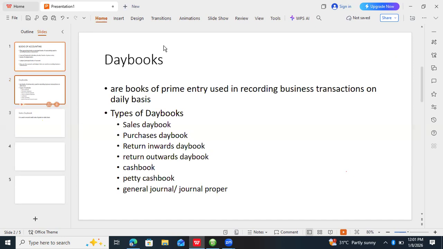Oh, this one I wanted somebody to. Fidel is ready, but Fidel, I'm sorry. Prof. Gwendolyn. The purchase day books are prime entry books used to record purchases of assets.